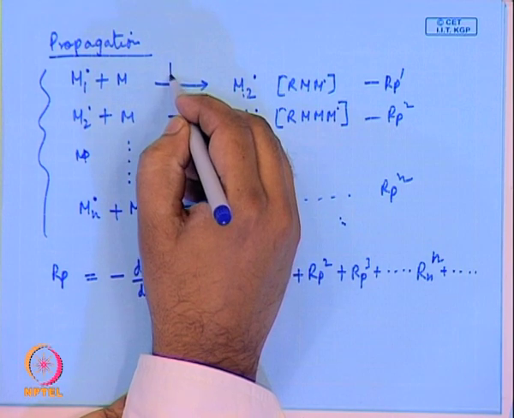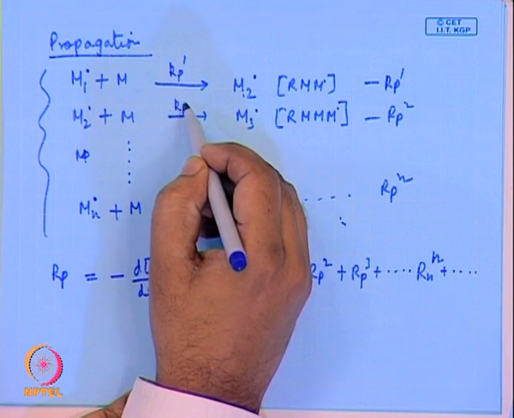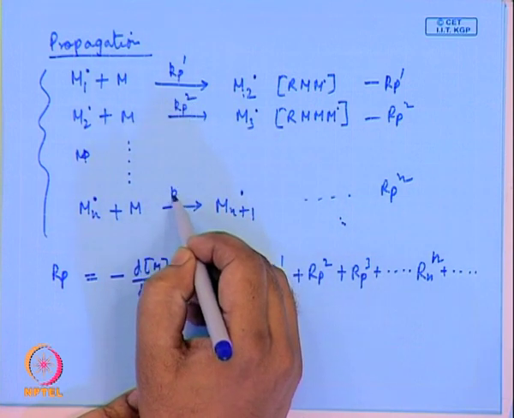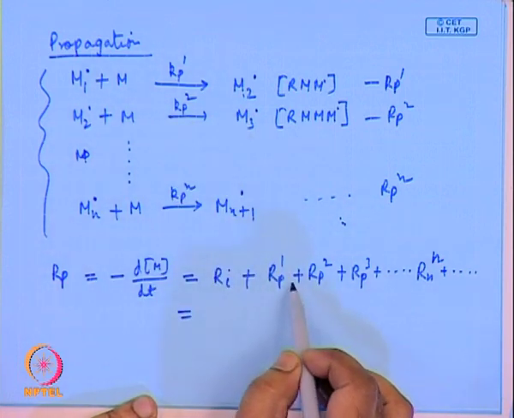Now, if I write the rate constants for these individual steps as Kp1, Kp2, Kpn, then what are the individual rates?